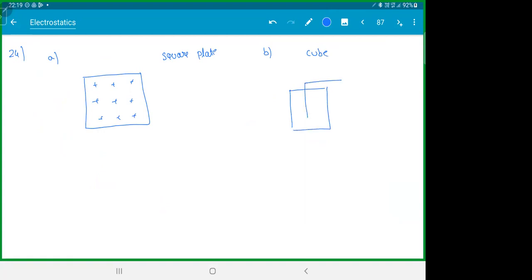Let's say we have a square plate, uniformly charged.